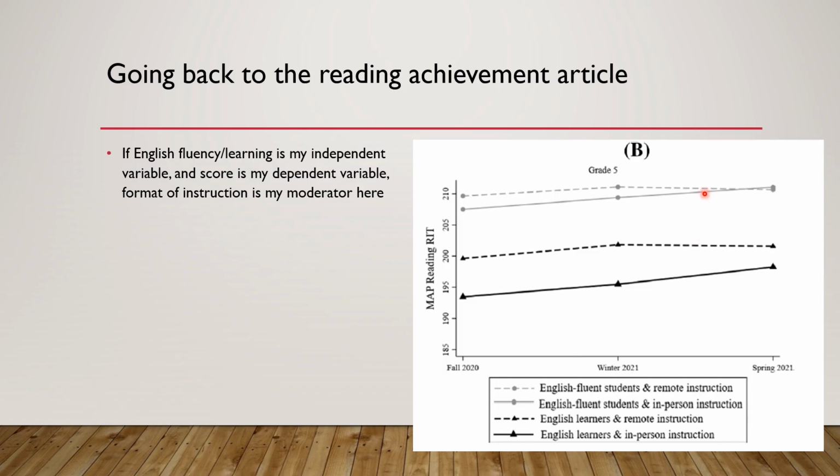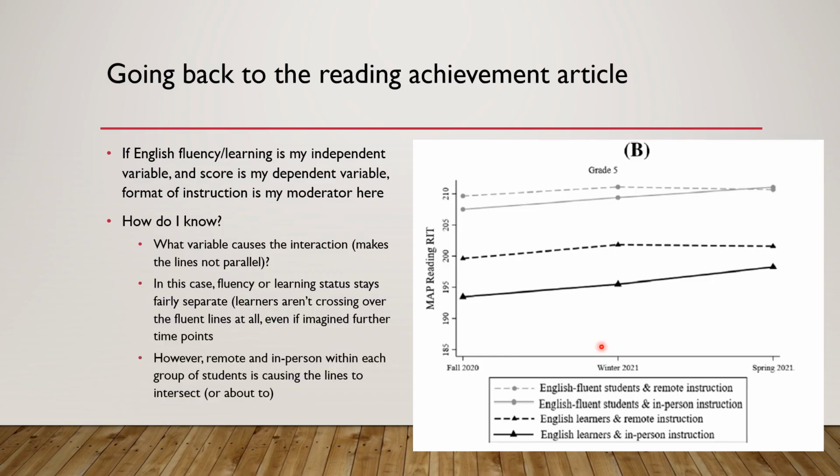In this case, my moderator is going to be the format of instruction because it's going to eventually cross here. Also, if we imagined a trajectory, assuming they stayed at the same rate of growth, they'd probably cross somewhere out here as well. So I'm seeing a cross based on the format of instruction, but I'm not seeing the data cross based on whether you were fluent or learning. That's one way you can parse out which one is the moderator in the graph.